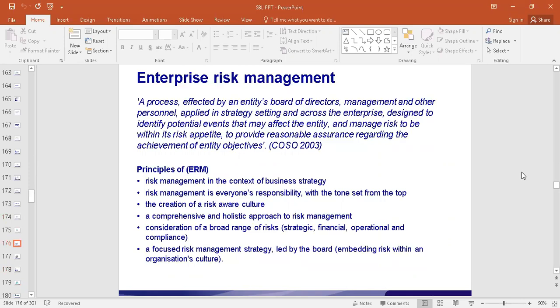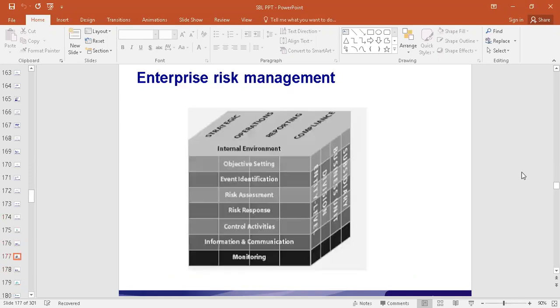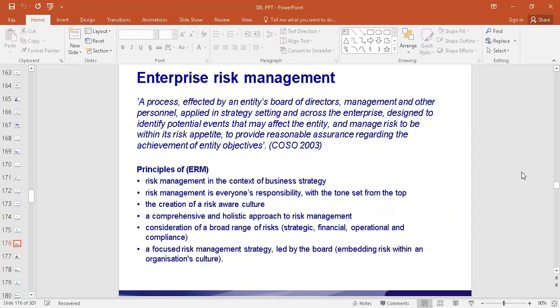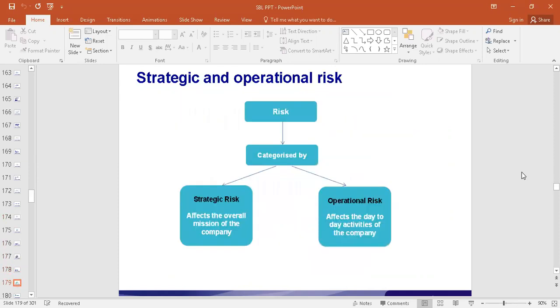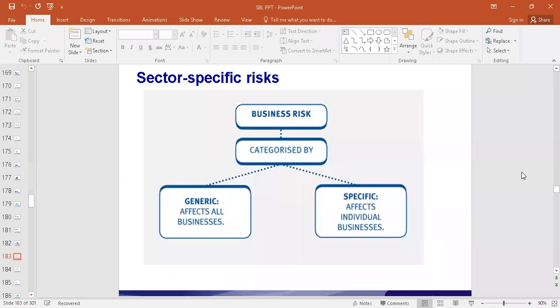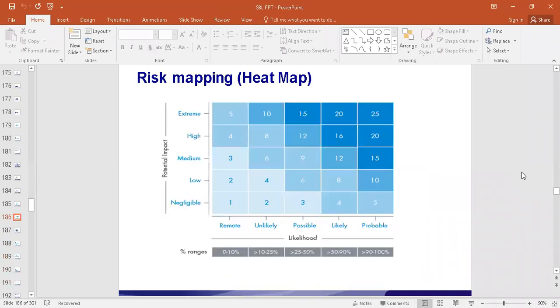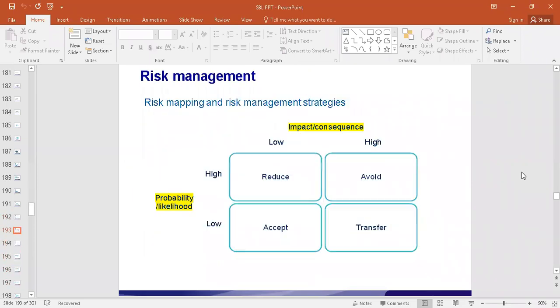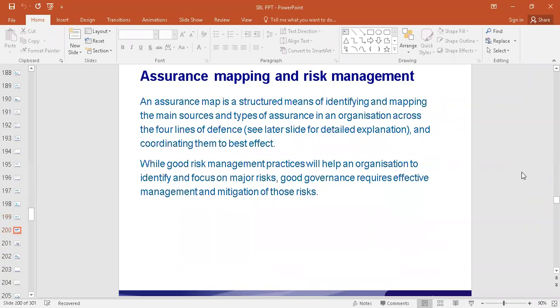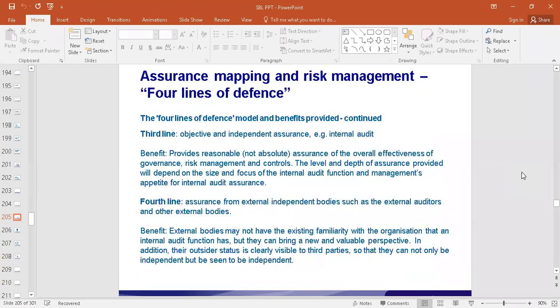There is a framework called ERM, Enterprise Risk Management, an elaborated form of the internal control framework we learned about yesterday. We will look into that here, then certain other aspects and models about risk. So after the break, it is completely about risk.